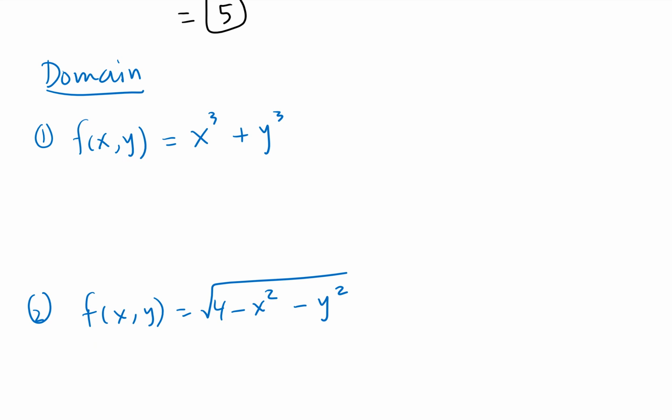To find the domain for the first one means what x and y values you're allowed to substitute into the function. Can I substitute zeros? Can I substitute negatives, positives? Yes, you can substitute anything you like for x and anything for y. So we can write it this way: x can go from negative infinity to infinity and y can go from negative infinity to infinity.